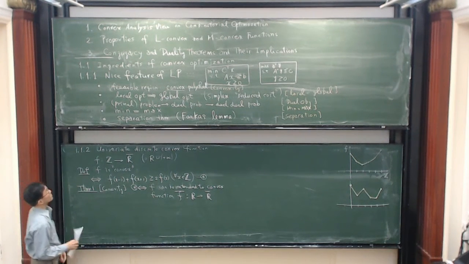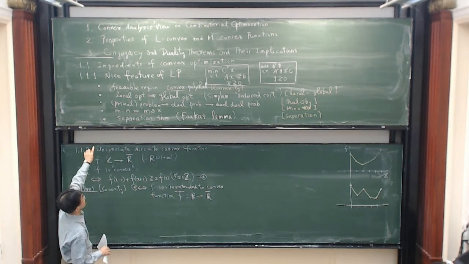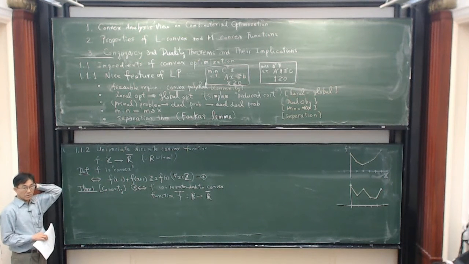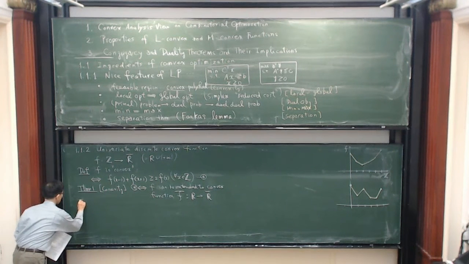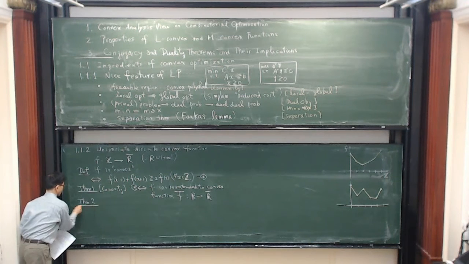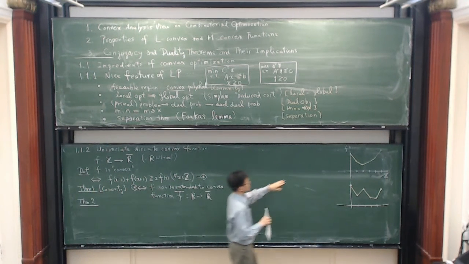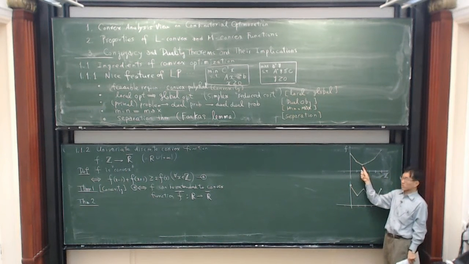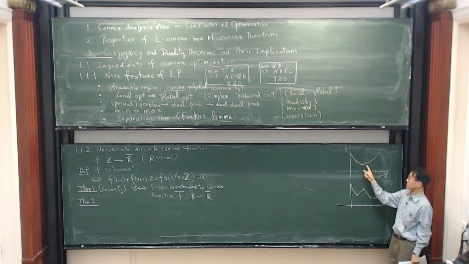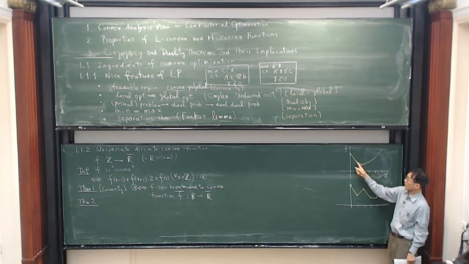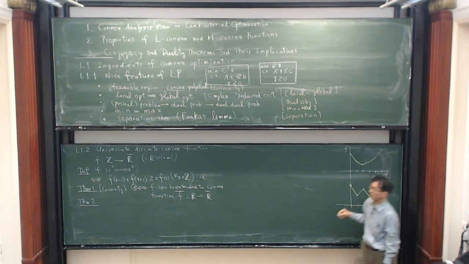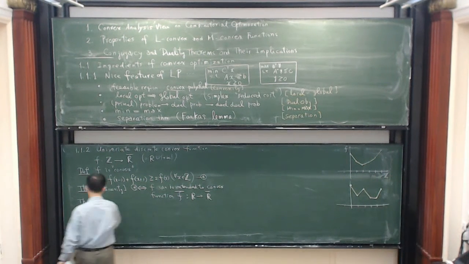Then how about a local global property? Is the local optimal global optimal in this case? Sure, because it is an extended convex function. So if this point is locally global in the sense that among the 3 points, this is minimum, then this is minimum overall. Okay? So we have local global property here.